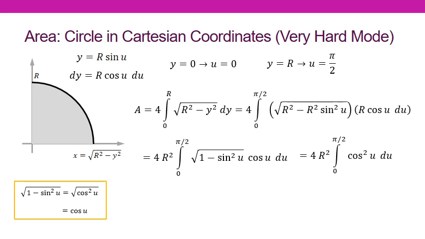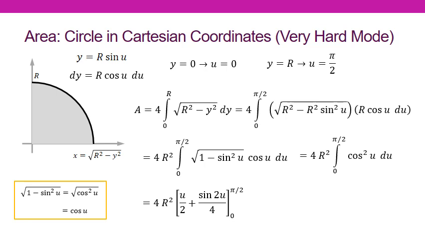And this is an integral we've seen before. We know what the answer is. We looked it up in the table before. So that's just u over 2 plus sine 2u over 4, evaluated from 0 to pi over 2. Now, when I plug 0 into any of these, it comes out as 0.